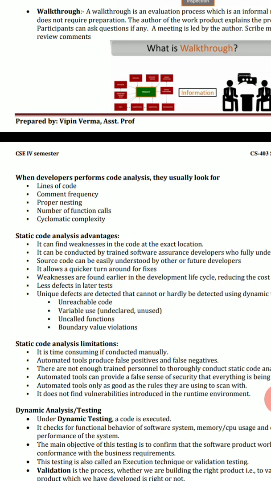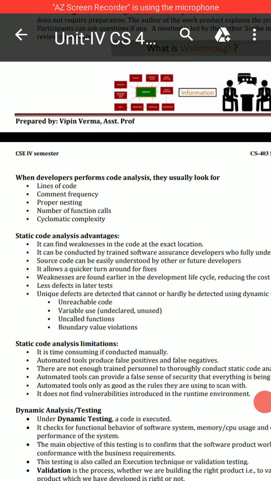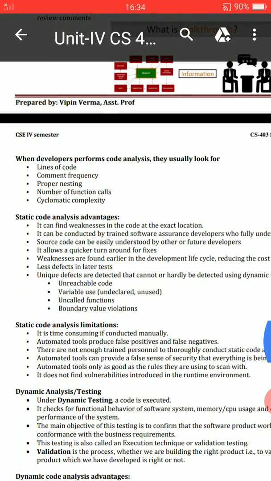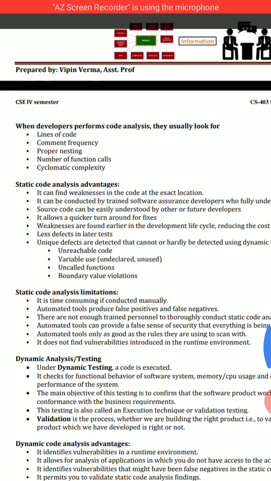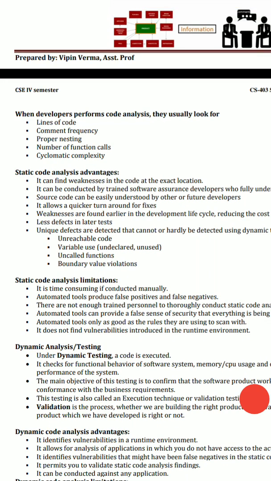They check the frequency of comments, that is, how many times comments are specified in the code and whether they are specified at the proper place or not. Then the proper nesting: in programming we specify the nesting of functions and nesting of conditions, so is it properly mentioned in the code or not.